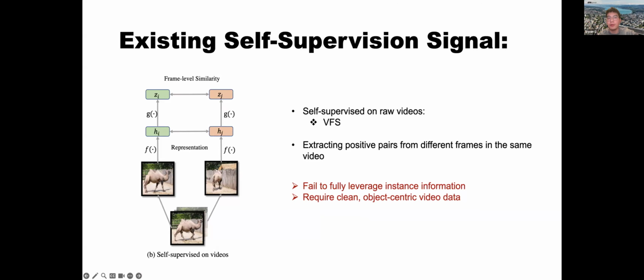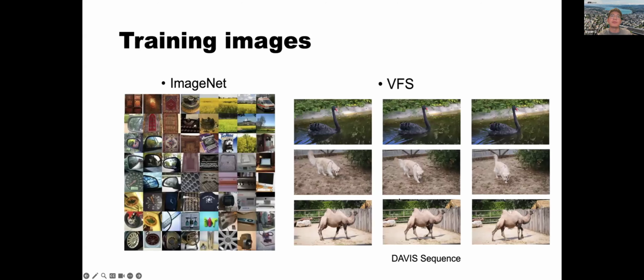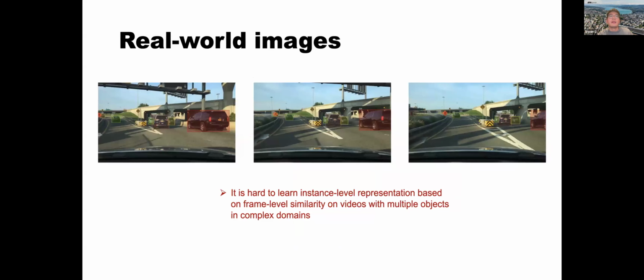So if the frames are from the same video, you assume their representations should be close, and if the frames are from different videos, they should be pushed away. Basically, that's the same idea. Also, it requires object-centric video data. As I can show you, they're training with such datasets, which are very clean, and for videos, it's almost one object per frame.